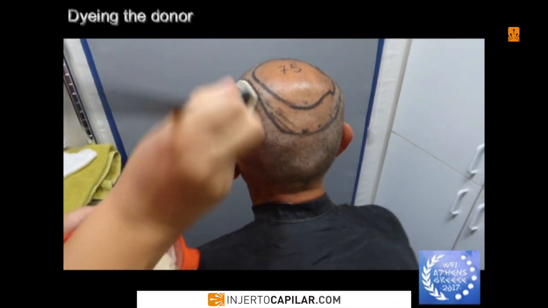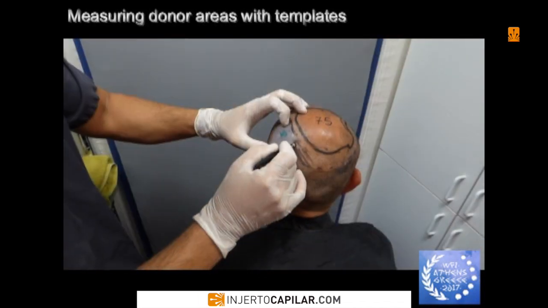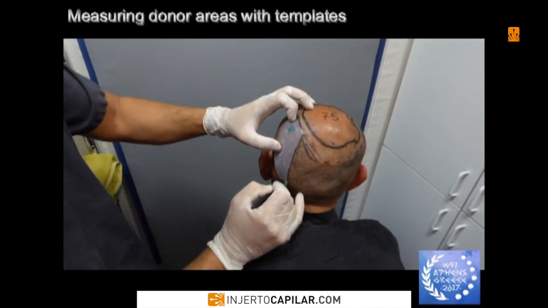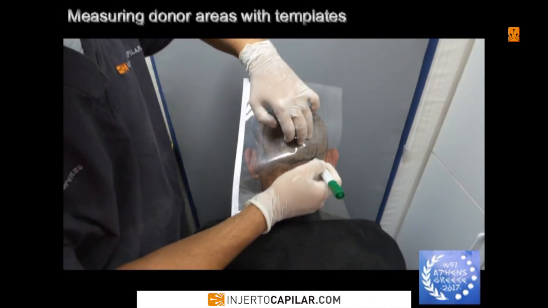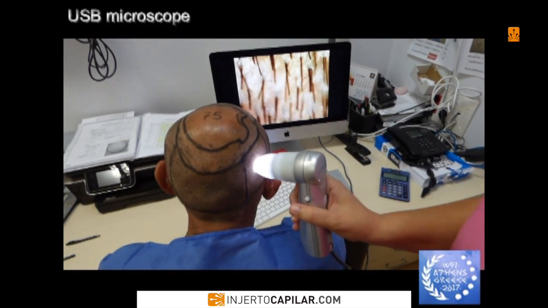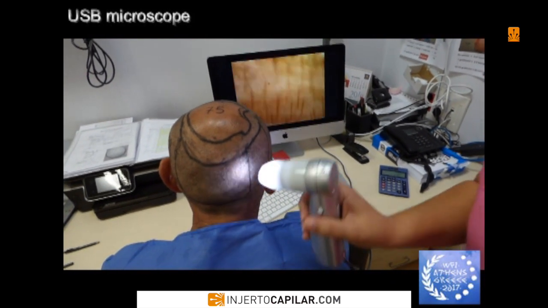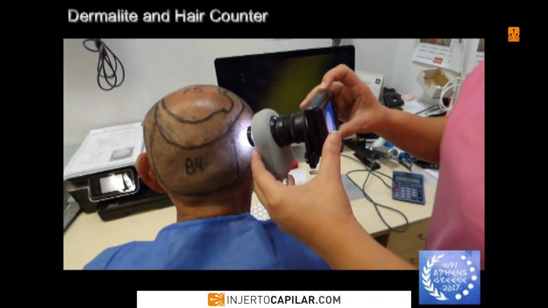Next, we mark out the temporal and parietal areas with some pre-made templates and the occipital again with the transparent sheet. Right after, we evaluate the donor with the USB microscope and take some photos with the dermalite to know the density and hair per square centimeter on the different donor areas.